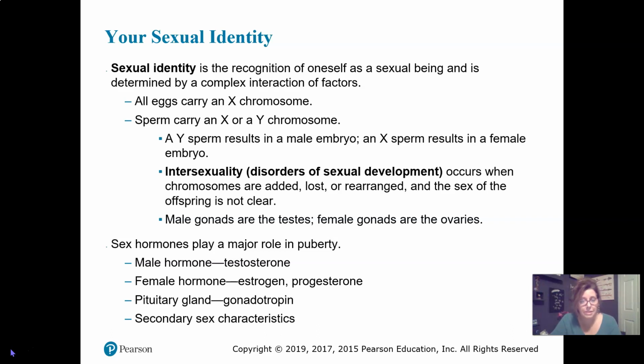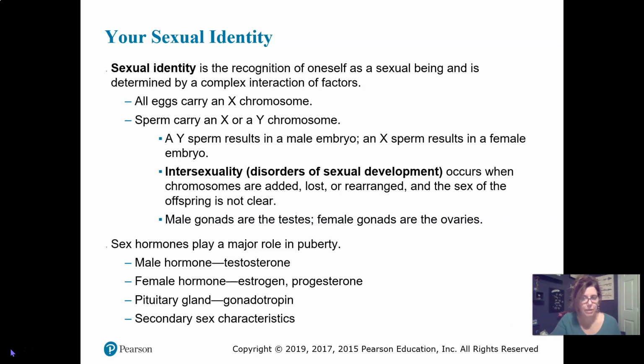Male gonads are the testes, female gonads are the ovaries. The primary female sex hormones are estrogen and progesterone. Then primary male is testosterone. At the time of puberty, sex hormones, again, play major roles in development.